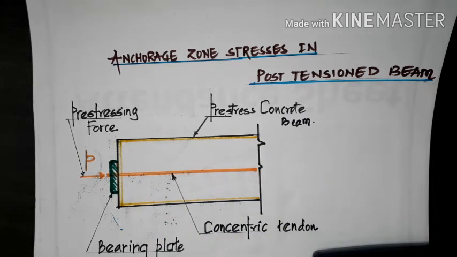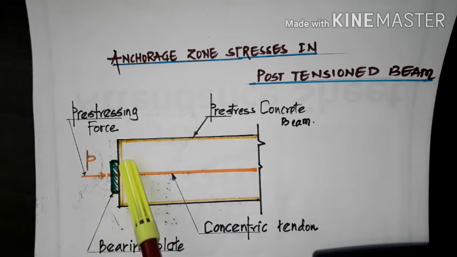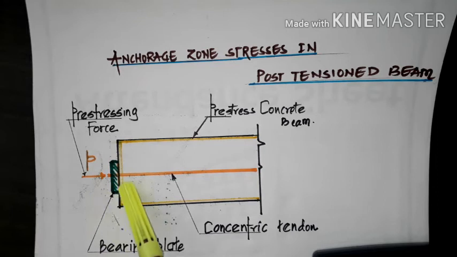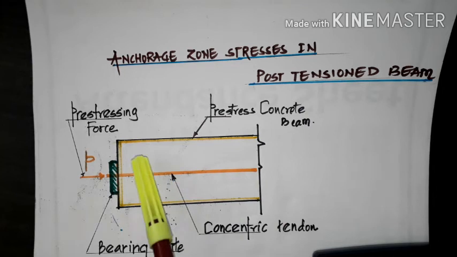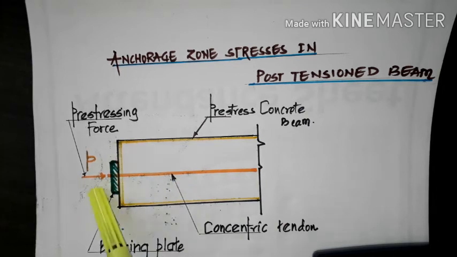Because the ducts are already provided, you just have to pass the cable. The cables are passed through the duct and stretched, and then anchored at the face, at the ends.